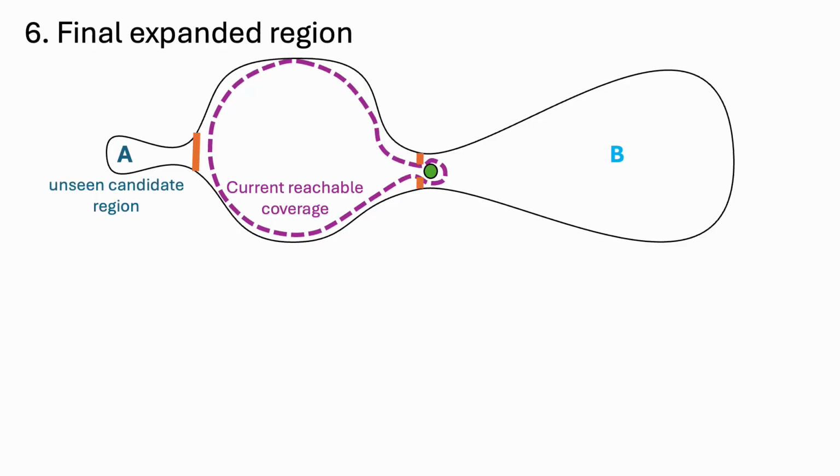You can see that now the purple region includes B, and the fuzzer can now fully expand into all of these edges that were hidden in B now that it's successfully routed past that block.